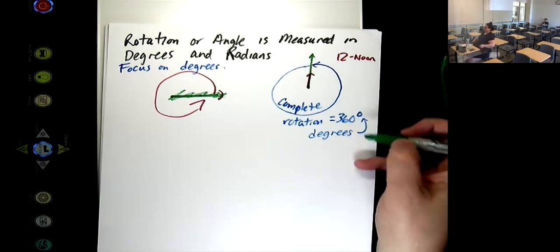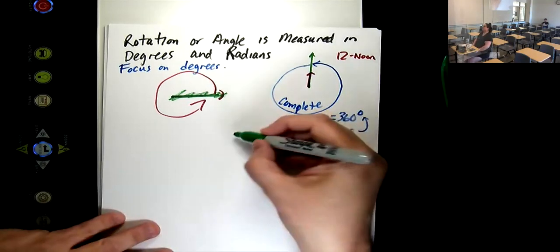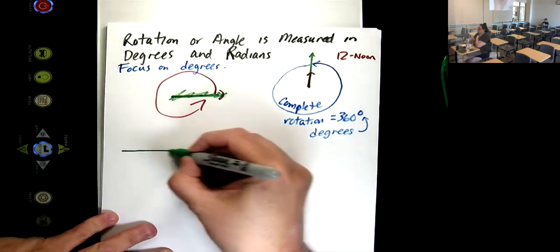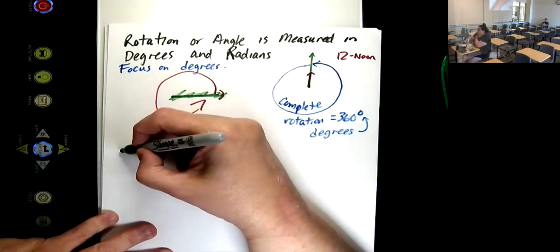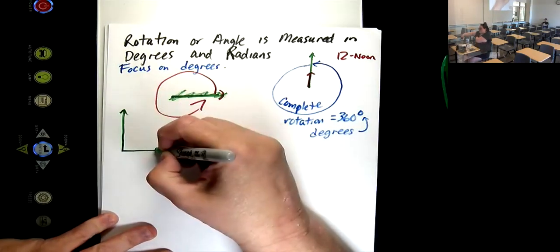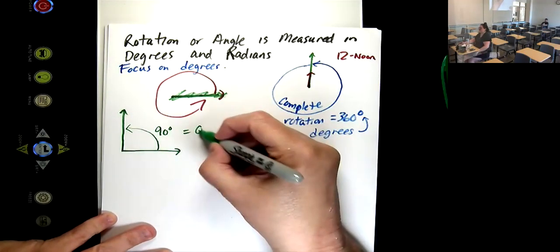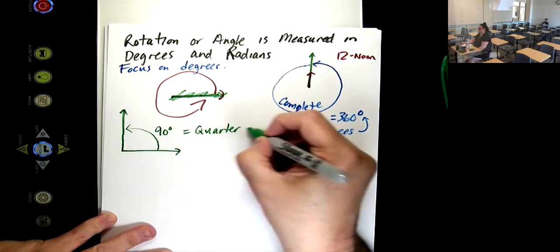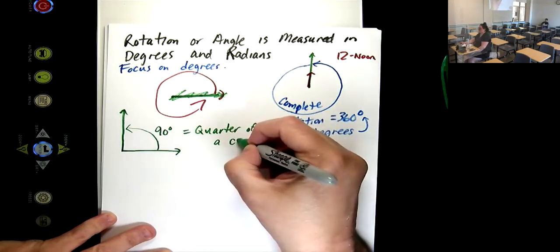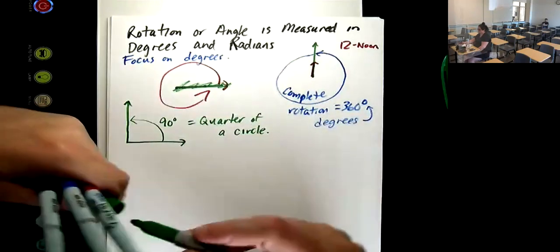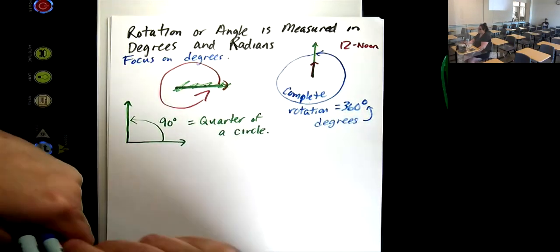So 360 degrees. If I only go 90 degrees for a quarter of a circle, this is called a right angle.